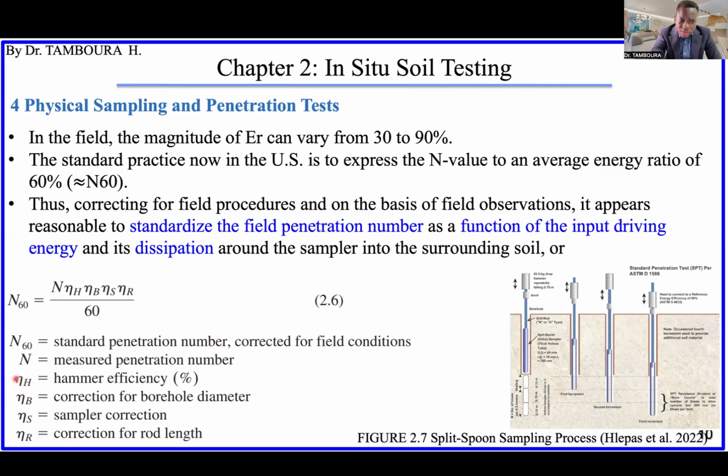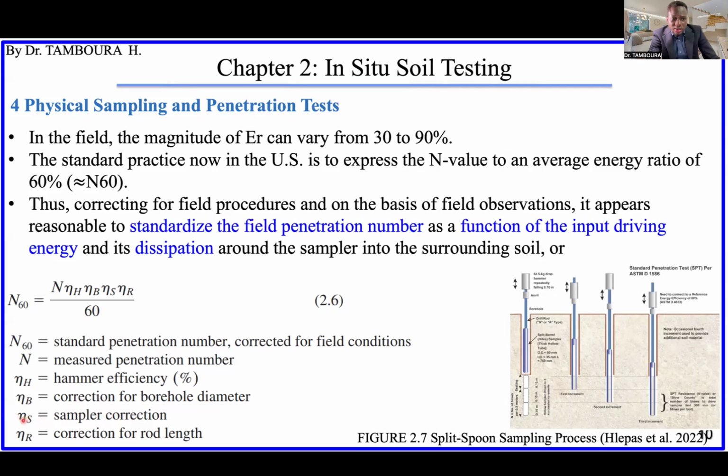Then this factor is the hammer efficiency, the hammer you are using, because there are different types of hammers. And this one, B, is the correction for the borehole diameter, because among the things that affect the N value, we have seen that the borehole diameter is included.